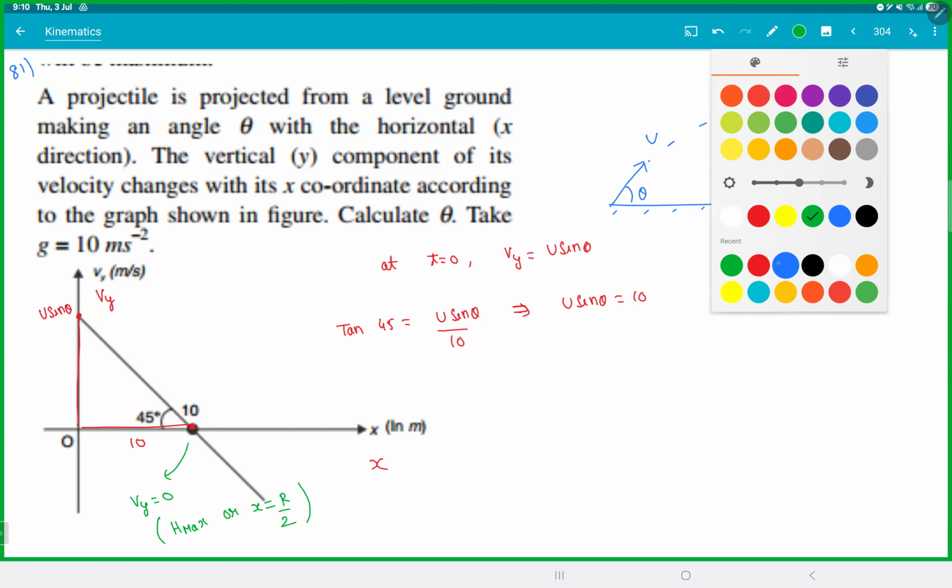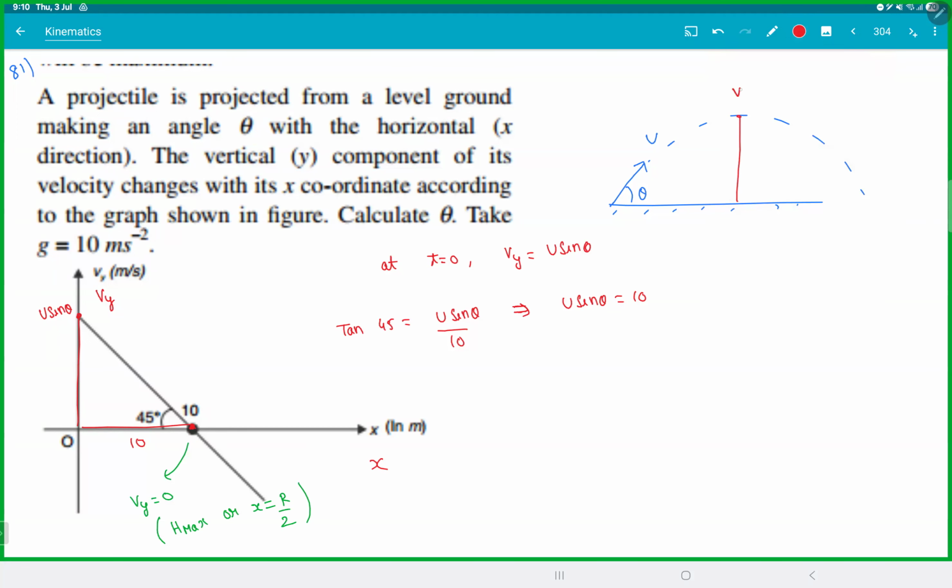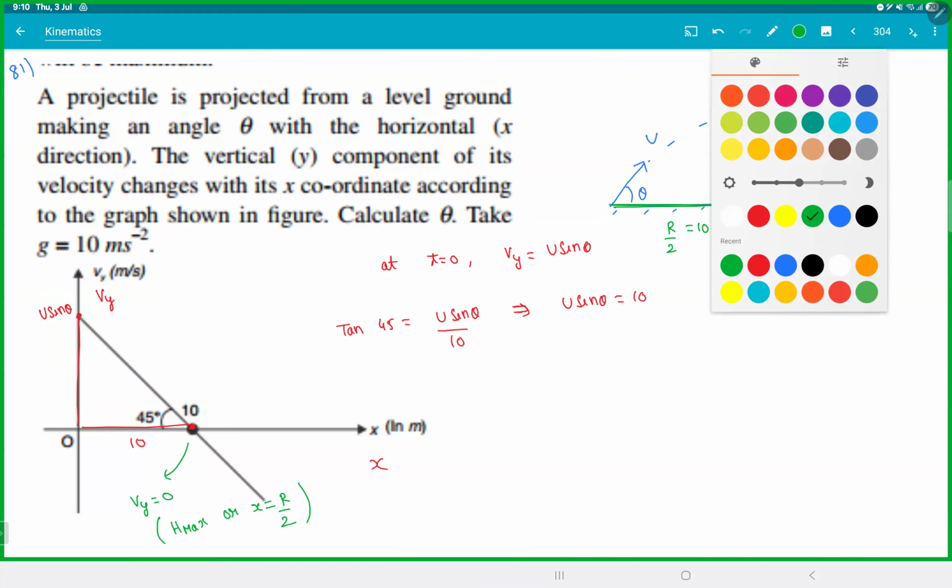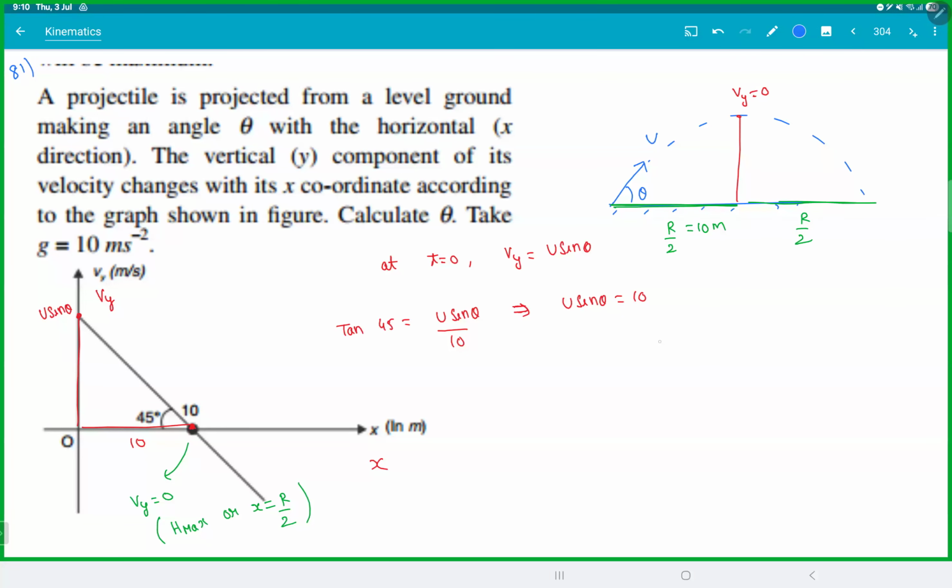So when this projectile is projected, at this point Vy becomes 0. At this instant, the x coordinate, he's saying this is r by 2, which is 10 meters. So indirectly he gave you the range. r by 2 is 10 meters, so range is 20 meters.